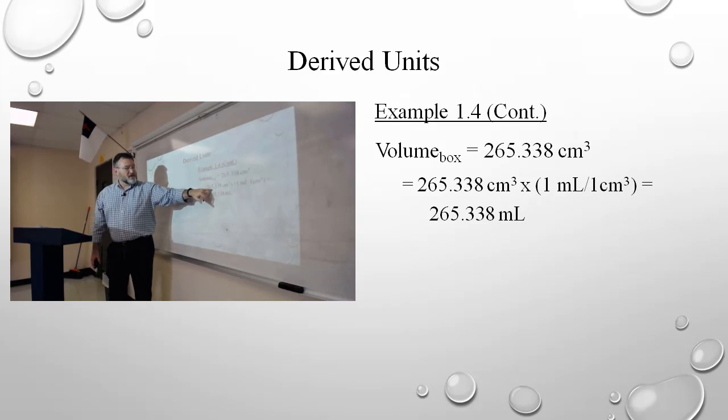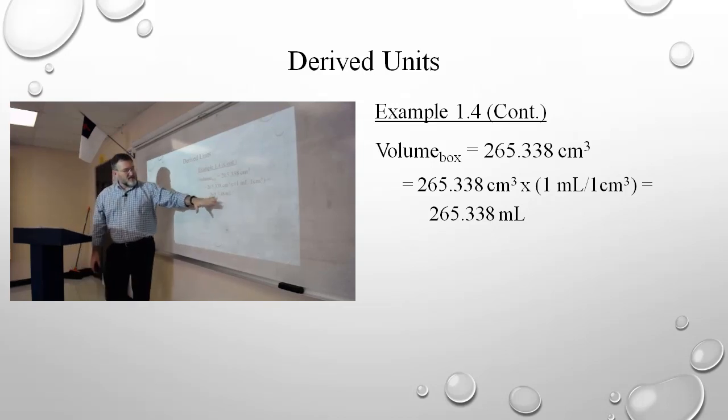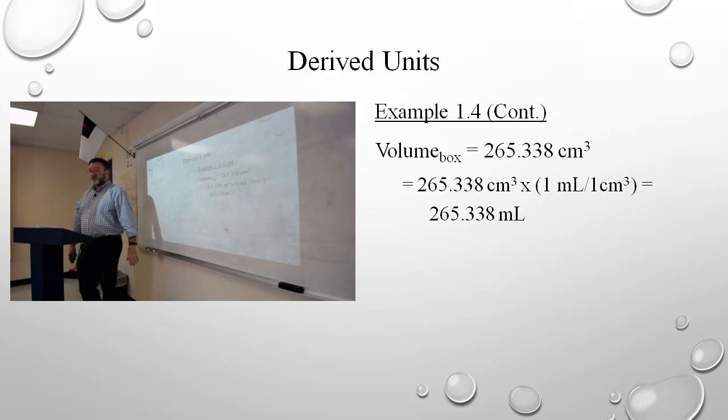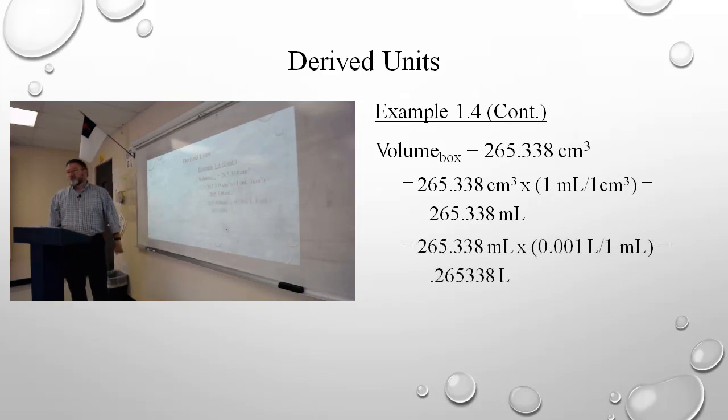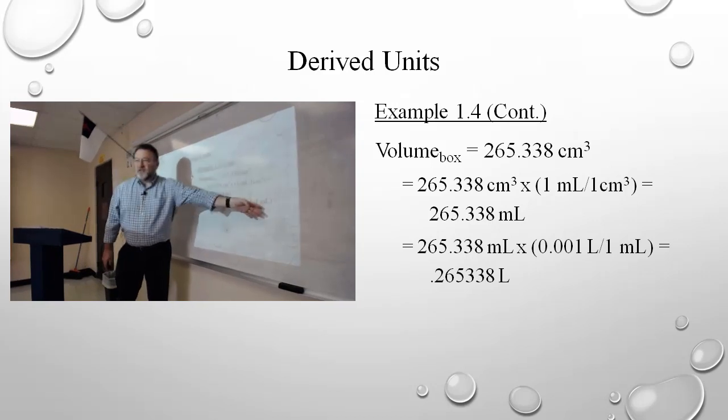So 265.338 cubic centimeters, I could say that another way. I could say that as 265.338 milliliters. Was I asked for milliliters? No, so I'm not done yet. Now I need to go from milliliters to liters. We do that with our final statement of equality, creating the conversion factor. Here's my milliliters times 1/1000th of a liter is equal to 1 milliliter.